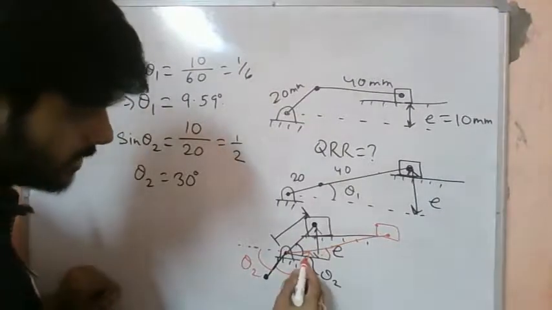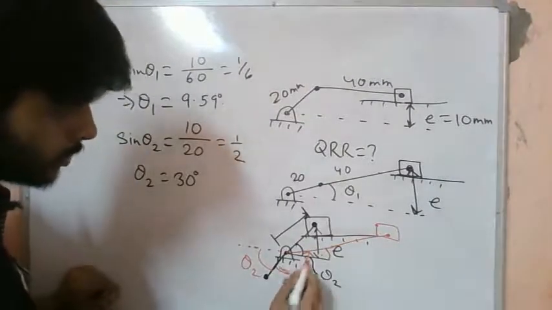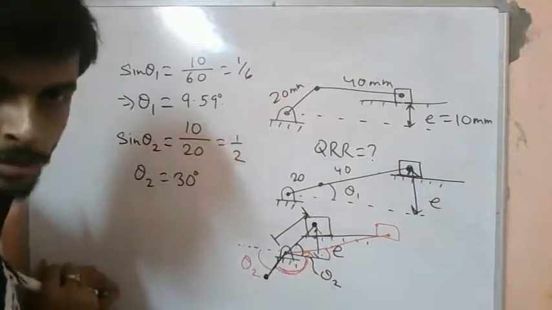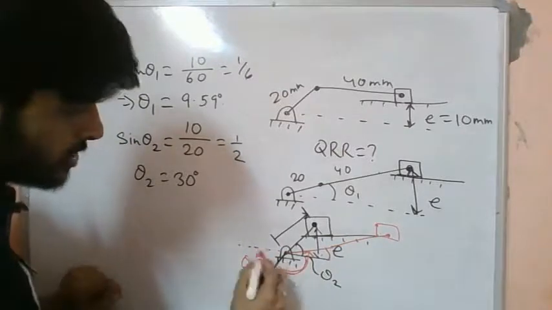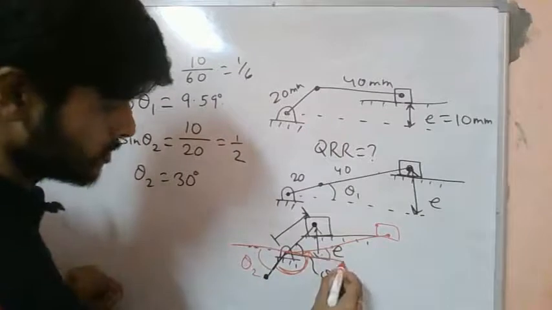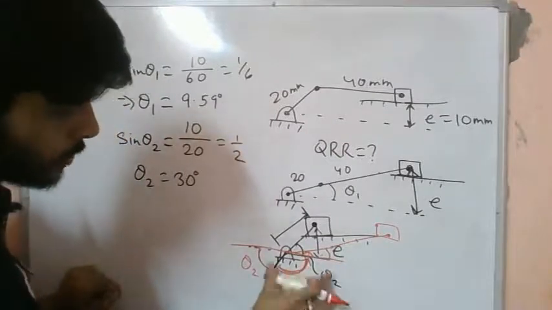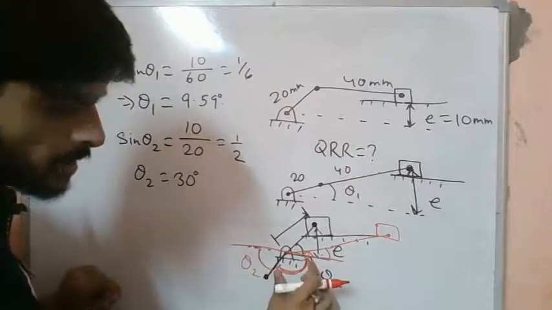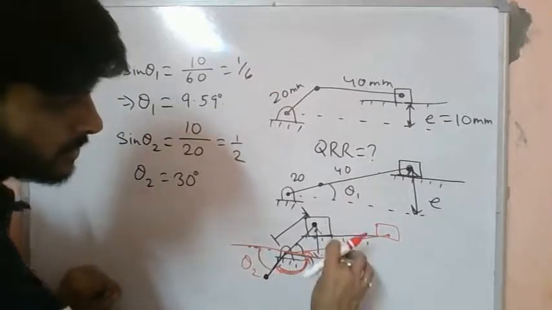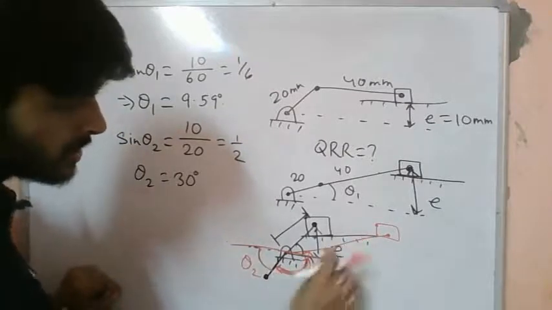This is a straight line, so this is 180 degrees. This is theta 2, so this angle will be 180 degrees minus theta 2 plus theta 1.